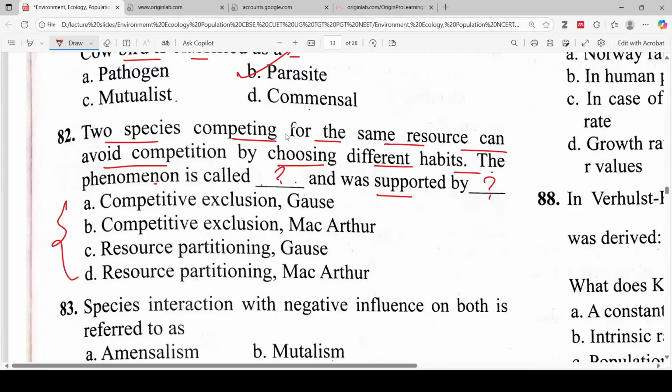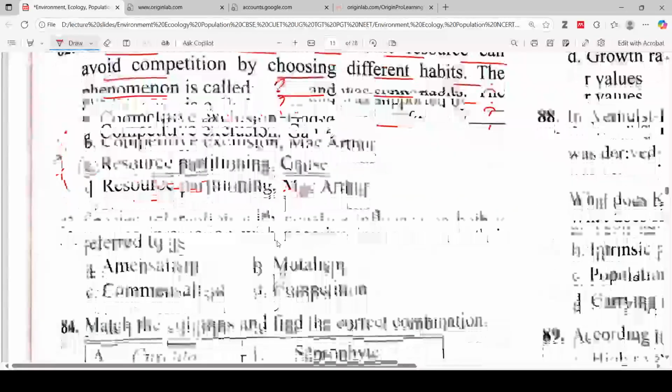The phenomenon is called resource partitioning and was supported by Gause. So the correct answer is resource partitioning, supported by Gause's principle. Next question.